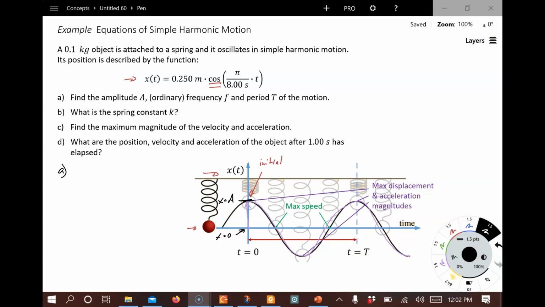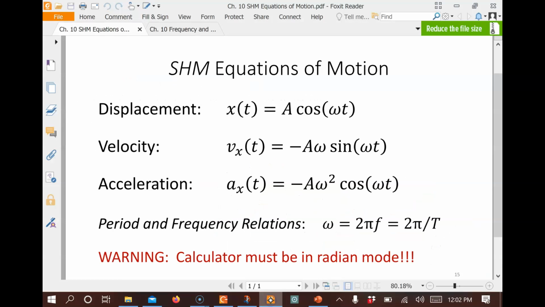If we look at the equation and highlight this term right here, 0.25 meters, and compare it with the general equations of motion, we can see that A is the amplitude, and it comes right next to cosine. That makes sense because the biggest value cosine will ever give is 1.